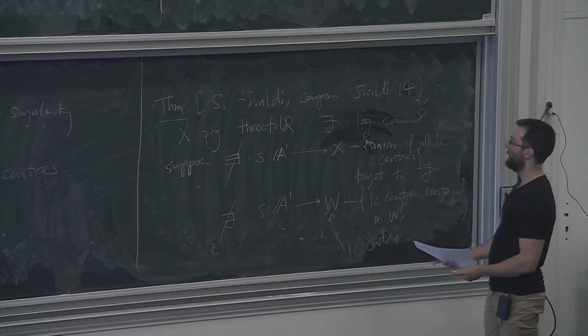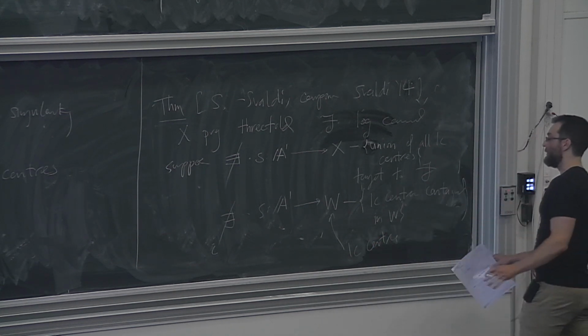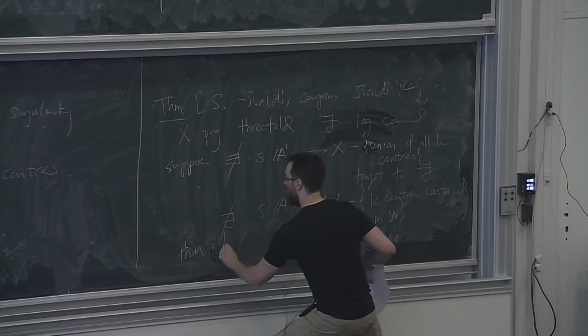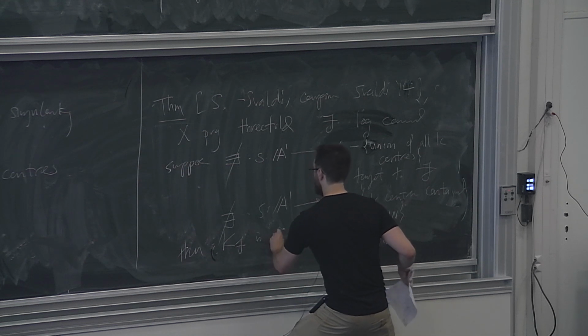And the conclusion is that if we don't have any of these A1s, then KF is nef.